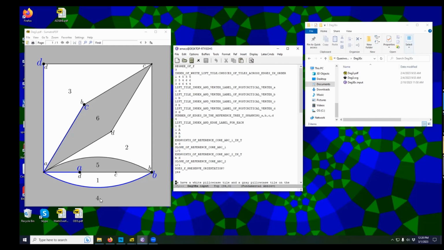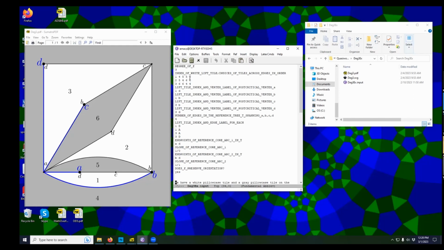Across this edge is tile number 4. Next, across the next edge is tile 5, 5, and 5. And that leads to this row of information here. Tile number 1 sees tile number 4, then 5, then 5, then 5. Okay? We do that for all of our white lift tiles, and we get this block of information.